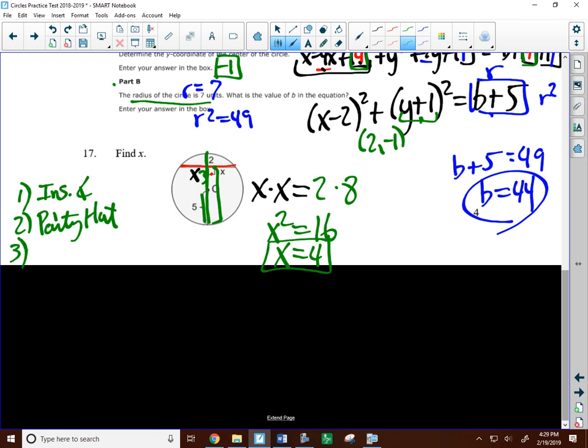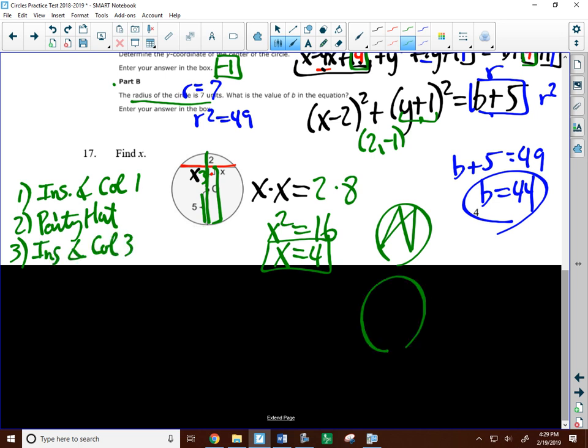And then we did inscribed angle theorem corollary 1: 2 inscribed angles that go to the same arc are congruent. And then inscribed angle theorem corollary 3: opposite angles of an inscribed quadrilateral are supplementary.